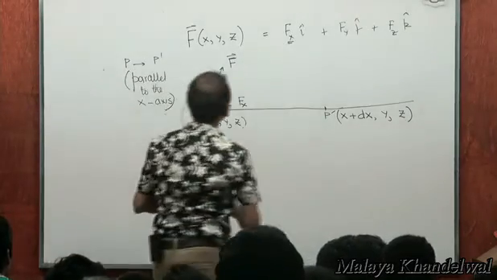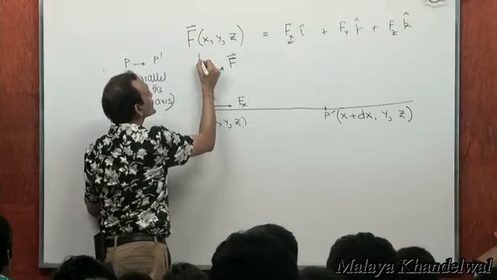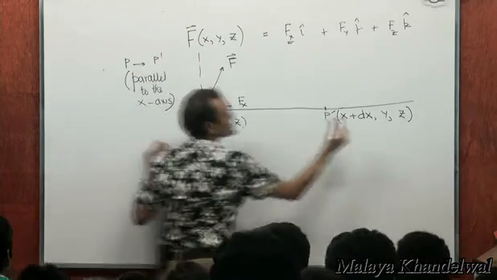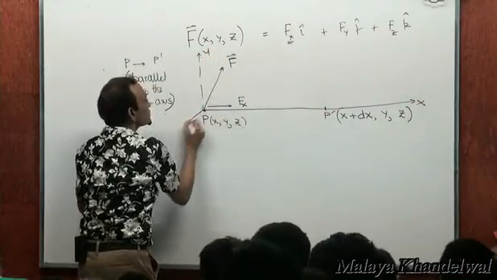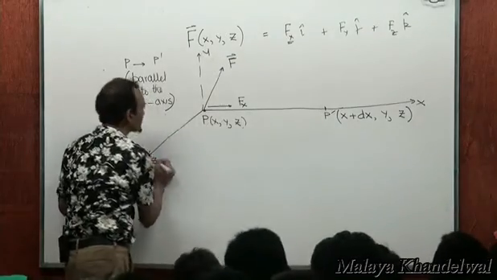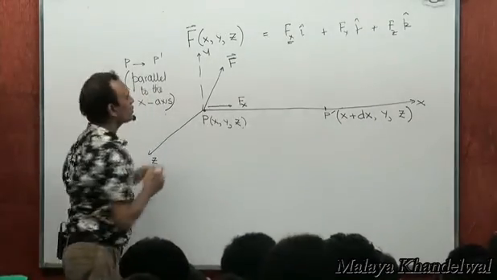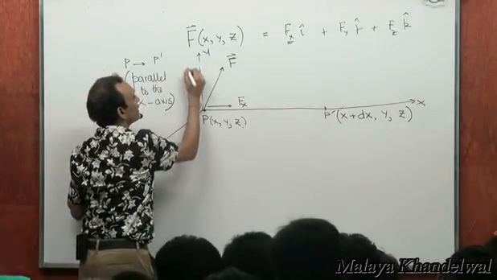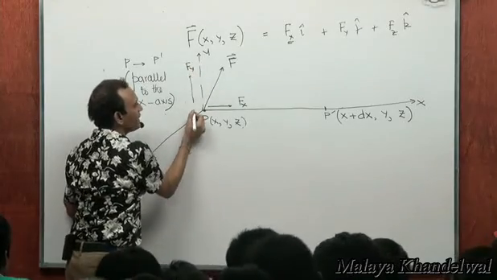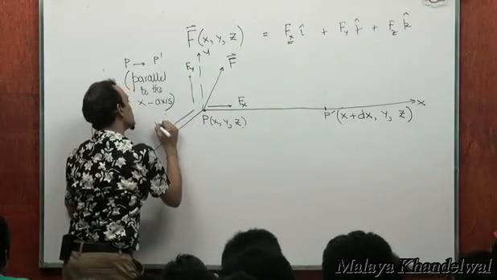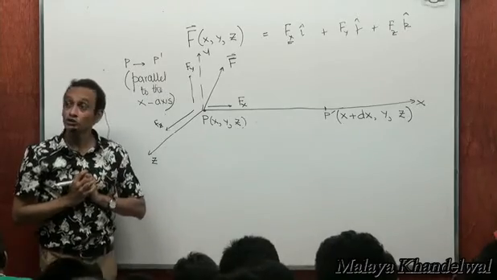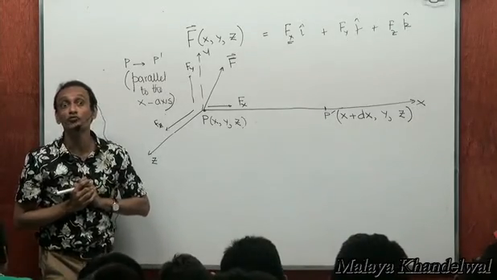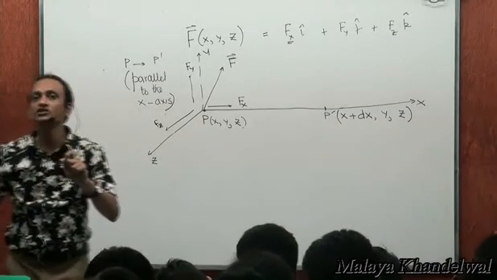And say this is the x direction, this is the y direction, and this is the z direction, right? There is a force component in the y direction, Fy, and there is a force component in the z direction, Fz. These are the components of the forces of the field. Yes or no?